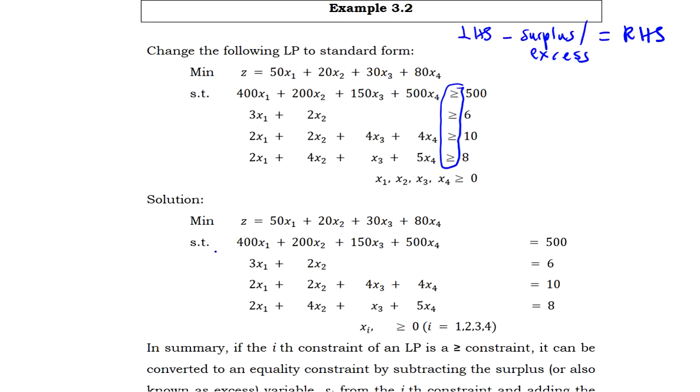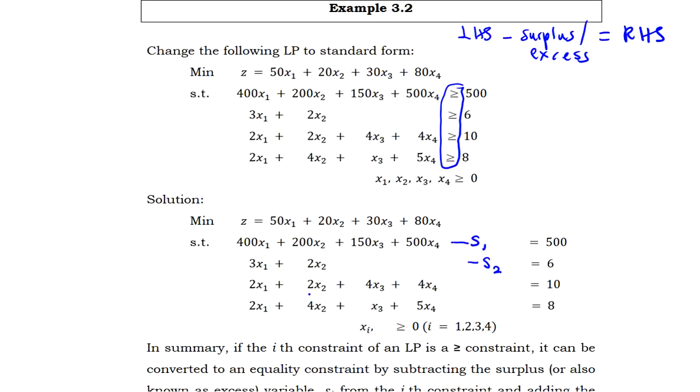So the first constraint 400 x1 plus 200 x2 plus 150 x3 plus 500 x4 minus s1, because this is the first constraint, equals to right hand side 500. Second constraint 3x1 plus 2x2 also greater or equals to, so we minus s2 equals to right hand side, which is 6.